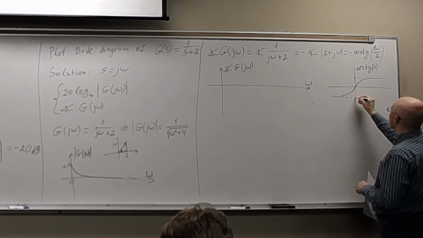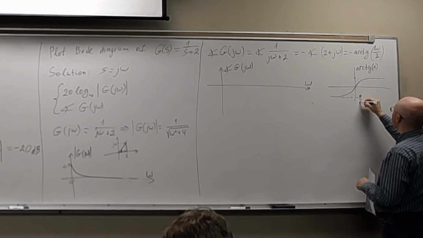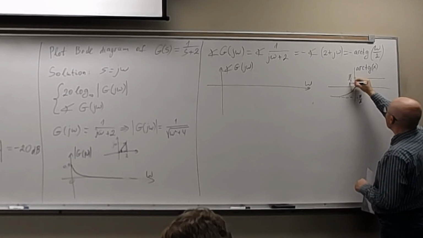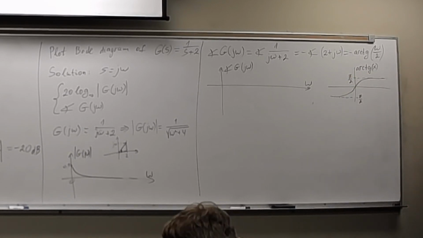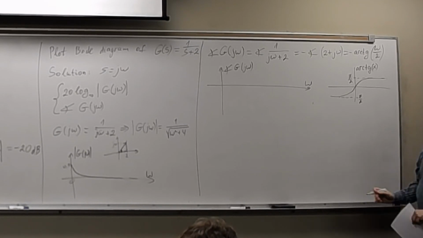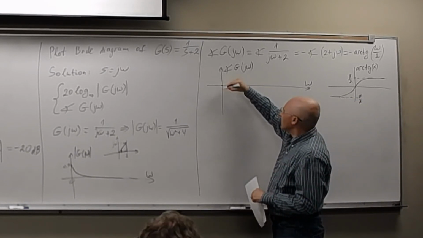It goes from minus pi half to pi half, something like that. So what happens for omega equals 0? It will be 0, so it will start at 0.